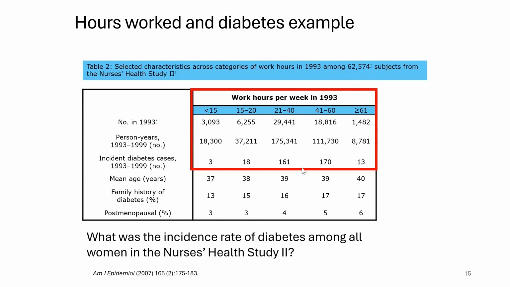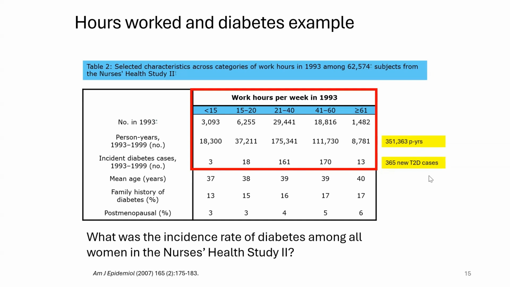And then in this row, to get the numerator of the number of new cases that occurred during this time, we add up this row. So we get ultimately about 350,000 person years of time observed and 365 new cases of type 2 diabetes.